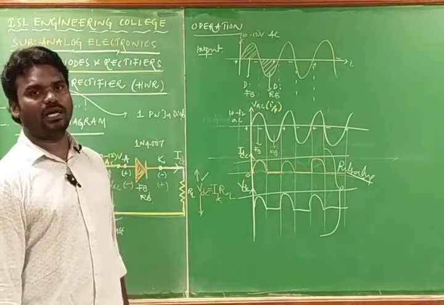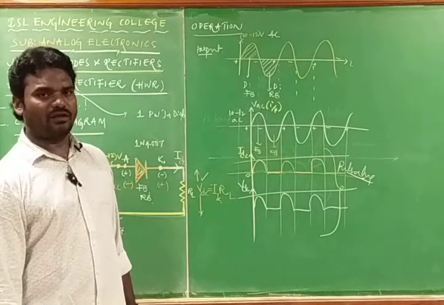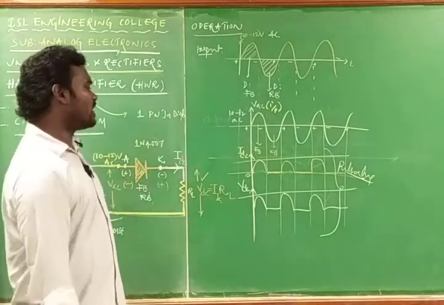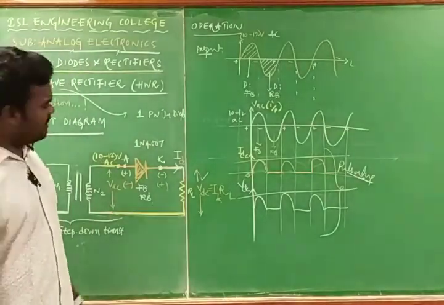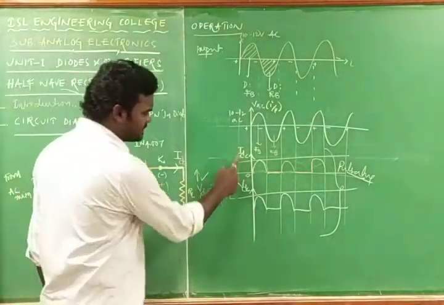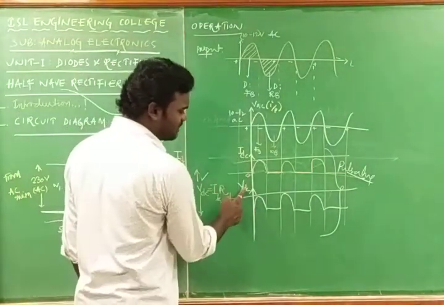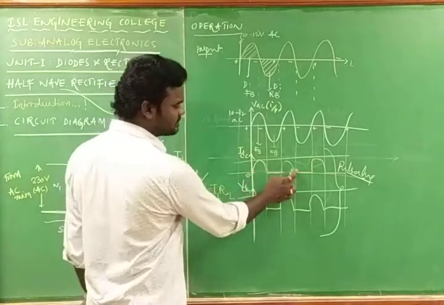A filter can be designed with inductor and capacitor, both passive elements, which remove the unwanted AC part from the DC signal. If you see clearly, the DC current and DC voltages are not constant, they are varying.